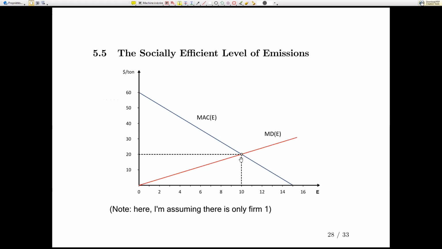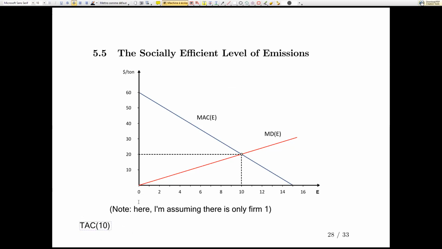And what is the total abatement cost then? So you could compute it. We have a MAC of 10.